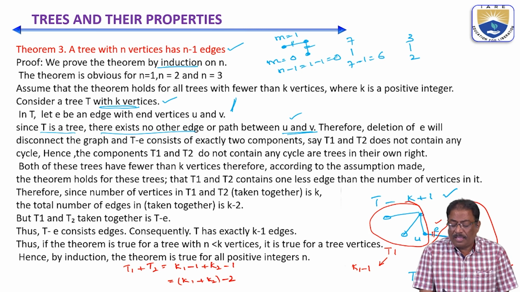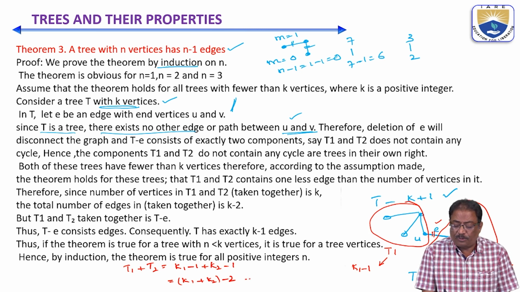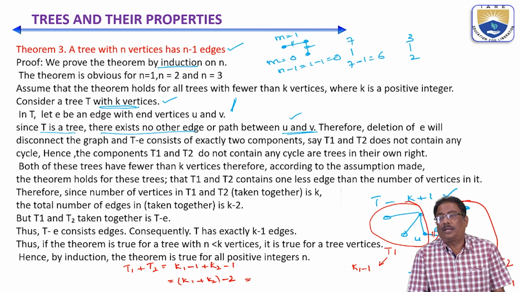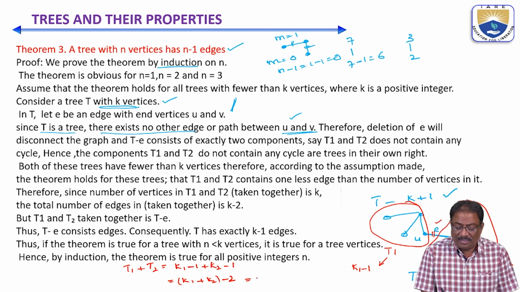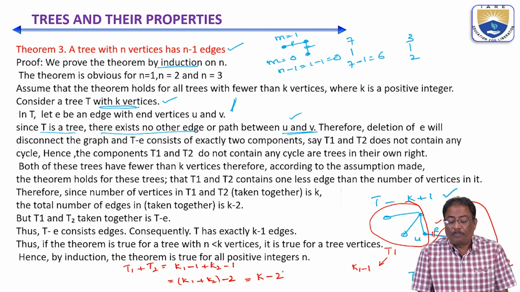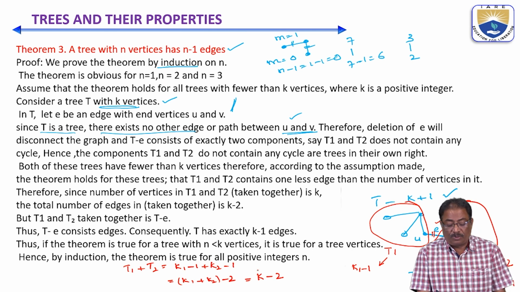So here, k1 plus k2 is nothing but the total number of vertices, which is k. So I am going to take it as k minus 2 edges, because k1 plus k2 is the total number of vertices.